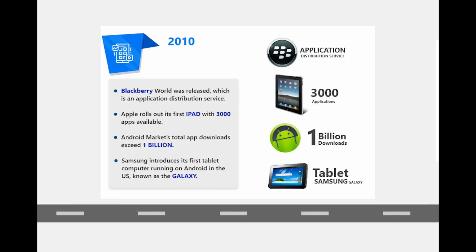And then a year later, things were starting to roll up quite quickly. BlackBerry, remember we mentioned that BlackBerry came about in about 2002 by RIM. Now BlackBerry released an App Store of their own, and at the same time Apple rolled out the iPad with over 3,000 apps available, and the Android market also managed to exceed 1 billion app downloads like Apple did previously.